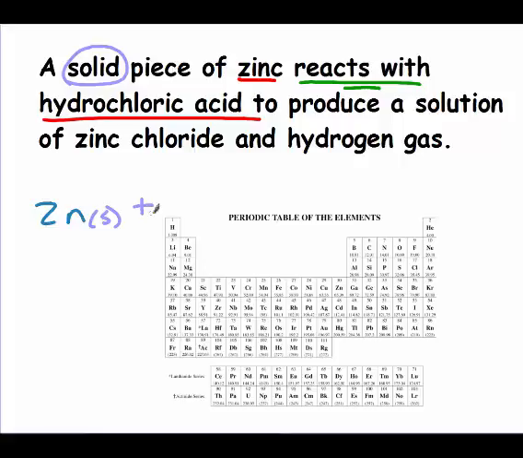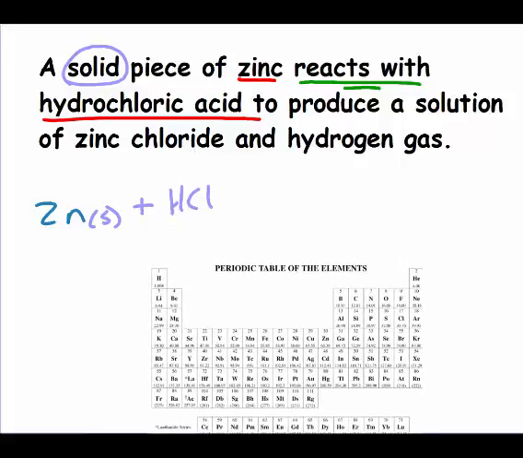Plus hydrochloric acid, hydro, it came from I, so hydrochloric acid is HCl. And your acids are always going to be aqueous because they're solutions. To produce.